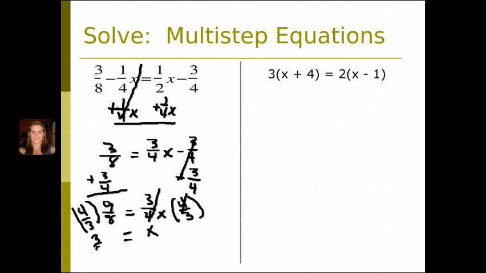To test the work, you would say 3/8 minus 1/4 times 3/2 is equal to 1/2 times 3/2 minus 3/4.